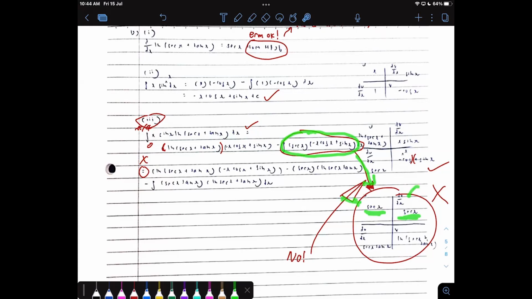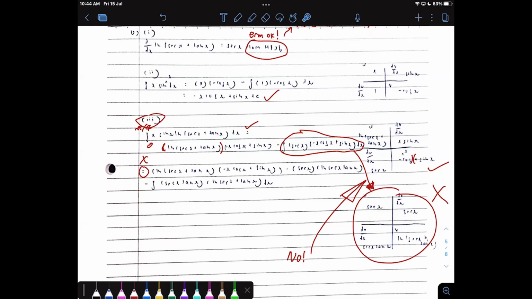Why? You chose the same thing two times. Cannot be, right? You must pick the entire expression. Yeah, I think it's supposed to be one of them is secant x, the other should be minus x cos x plus sine x, right? Yeah, okay, I think it was a careless mistake.